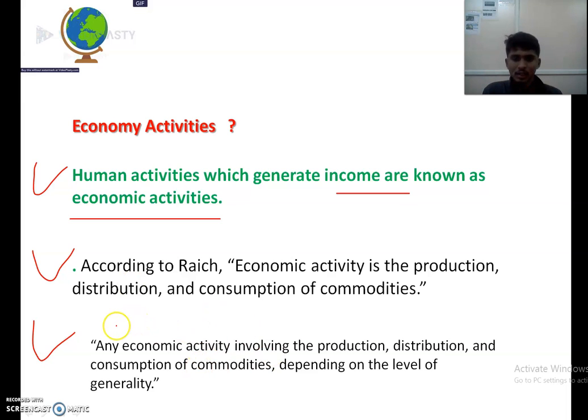And then the last one, any economic activity involving the production, the distribution and consumption of commodities depending on the level of generality. So, human activity which generates income is known as economic activity.